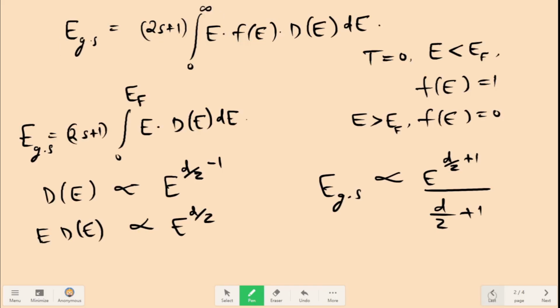And the number of particles n is equal to 2s plus 1 times integral 0 to EF of the density of states times dE. Actually, when you put the limits of the integral, this E will become EF. So EGS is proportional to EF raised to d by z plus 1 divided by d by z plus 1.